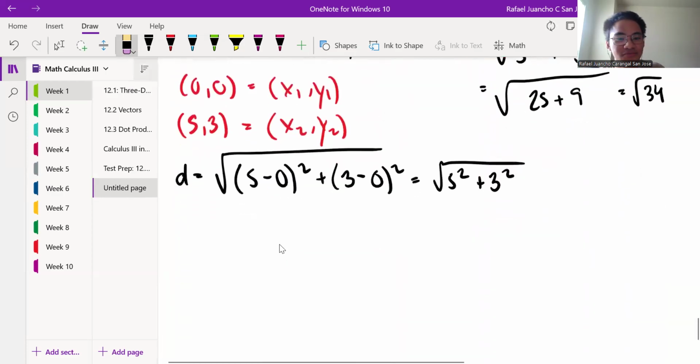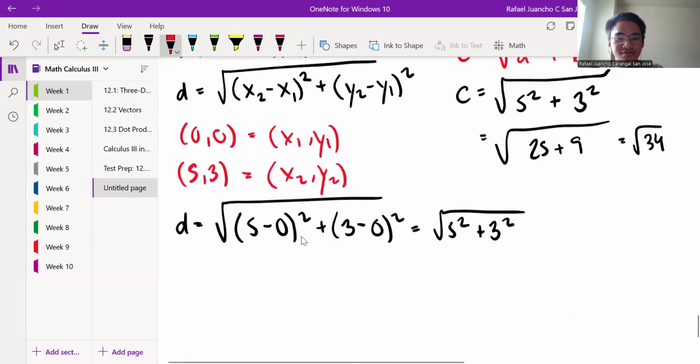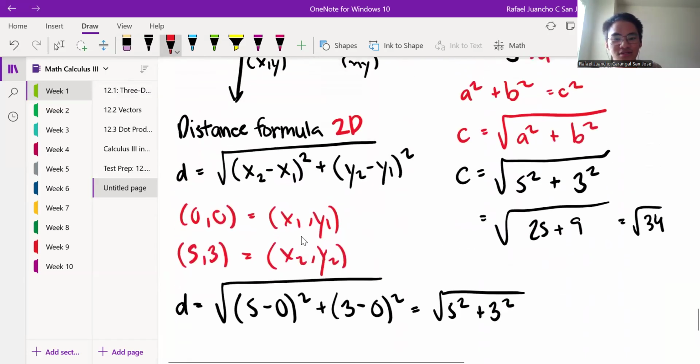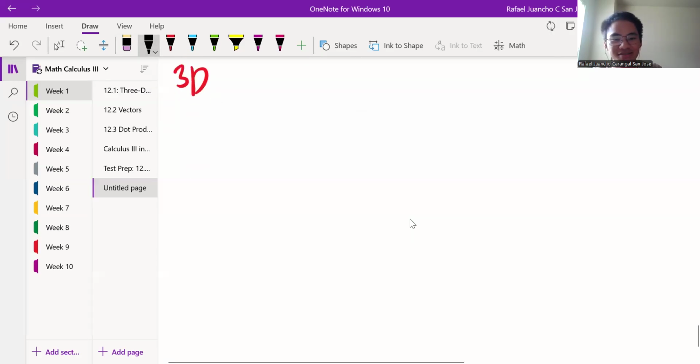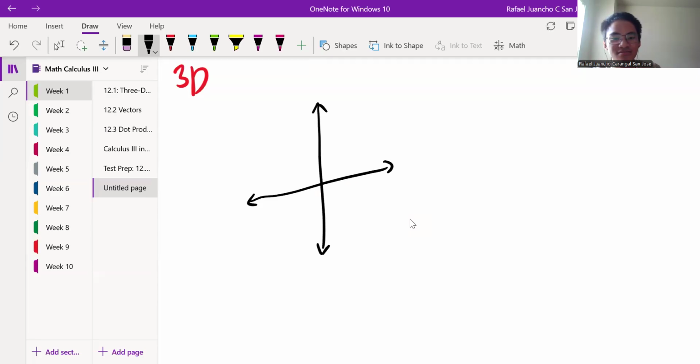But now here's the new topic. That's for 2D. What if we have something for 3D? Well, funny enough, we do. Let's try. We have these axes, Z, X, Y, and we want to find the distance from the origin to some point here.